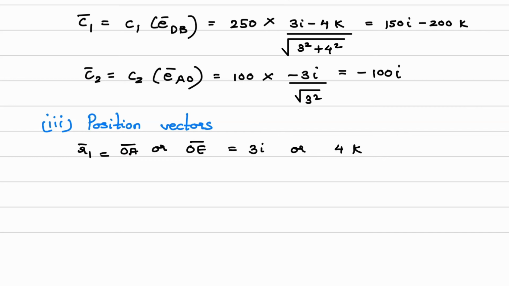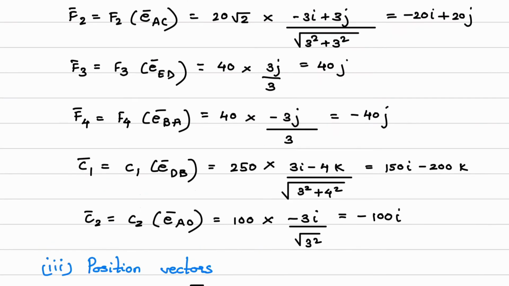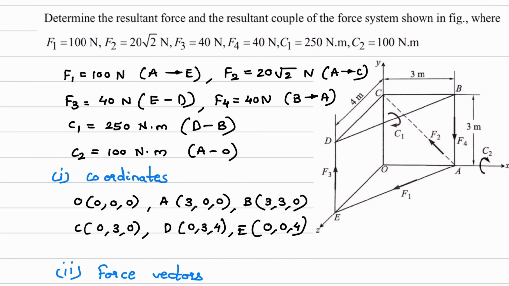Next, the position vector of force 2 with respect to point O. Here you can see this is force 2. What is the position vector of force 2? It will be OA or OC. When you consider OA, it will be A minus O again, so it will be 3I.